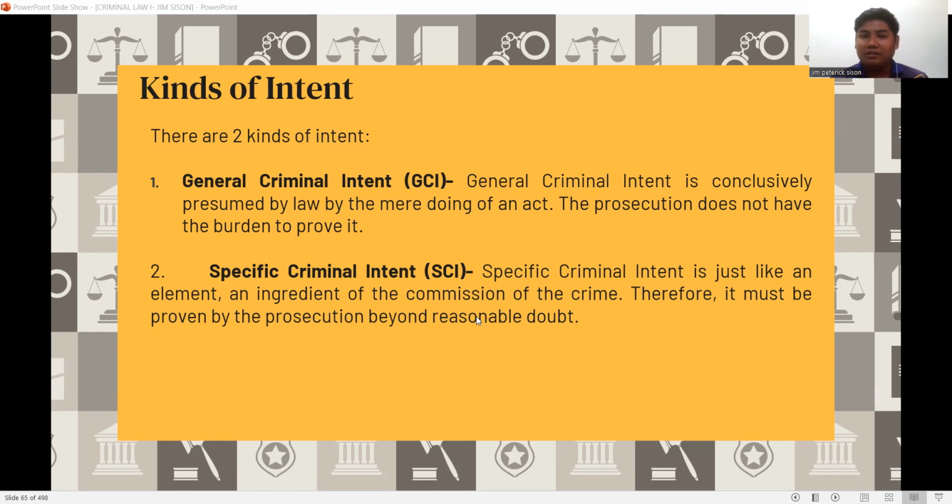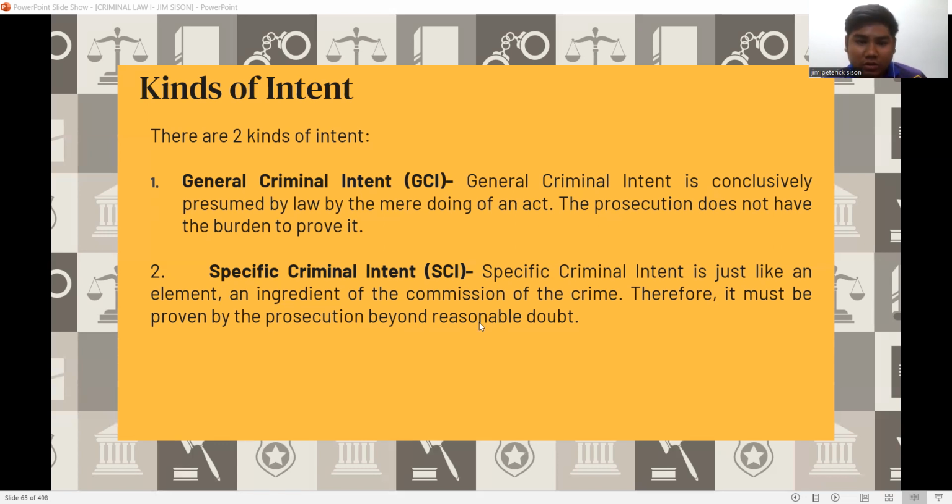For specific criminal intent, it is like an element or an ingredient of the commission of the crime. Therefore, it must be proven by the prosecution beyond reasonable doubt. So in attempted or frustrated cases of homicide or murder, the prosecution needs to prove intent to kill. Otherwise, if they fail to prove intent to kill, then the proper charge should be physical injuries only, either less serious, slight, or serious physical injuries.